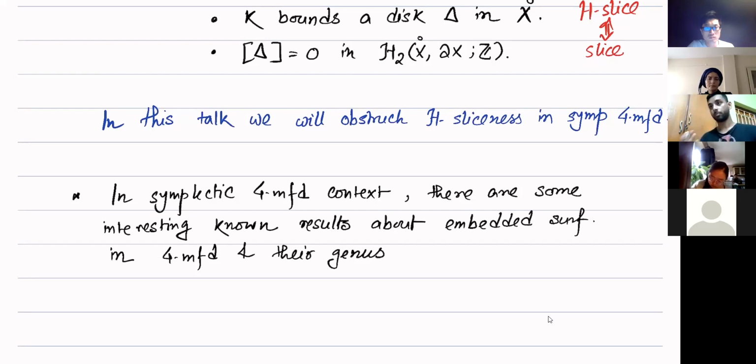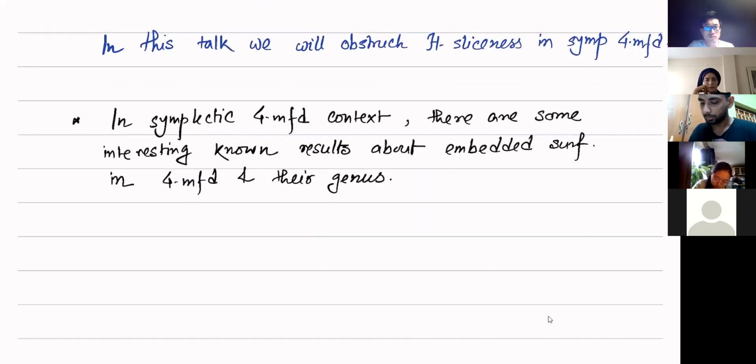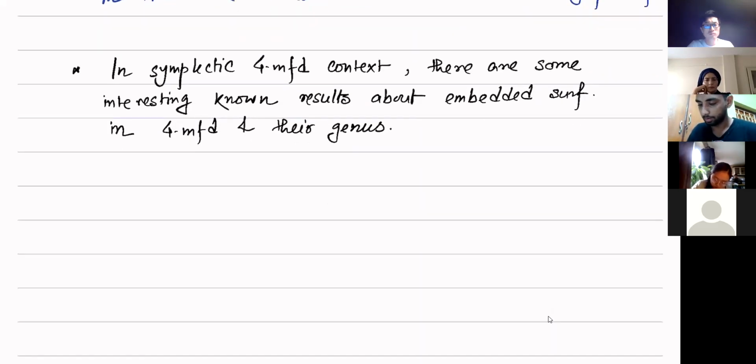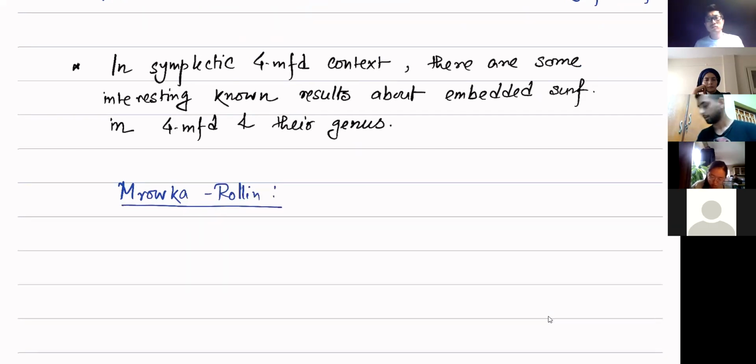Let me make it more precise. I am trying to indicate something called the adjunction inequality. So let me state an interesting result in this context. This is a result by Tom Mrowka and Rollin. Before explaining their result, let me state the situation.